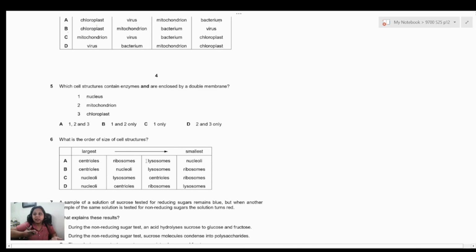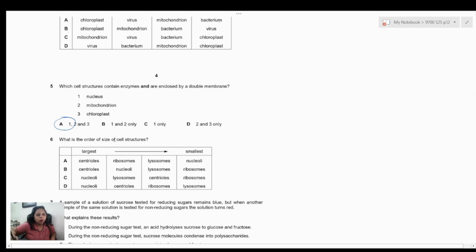So definitely the answer would be mitochondria first of all. Second, chloroplasts have an outer membrane, and then there is an inner membrane which is filled with stroma. Yes, it has that. And the nucleus has enzymes and is enclosed by a double membrane. So all three fit this category.